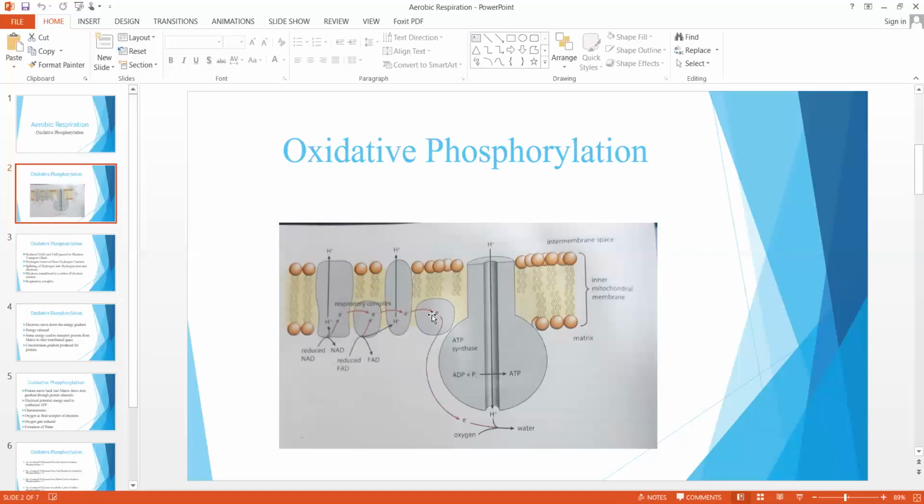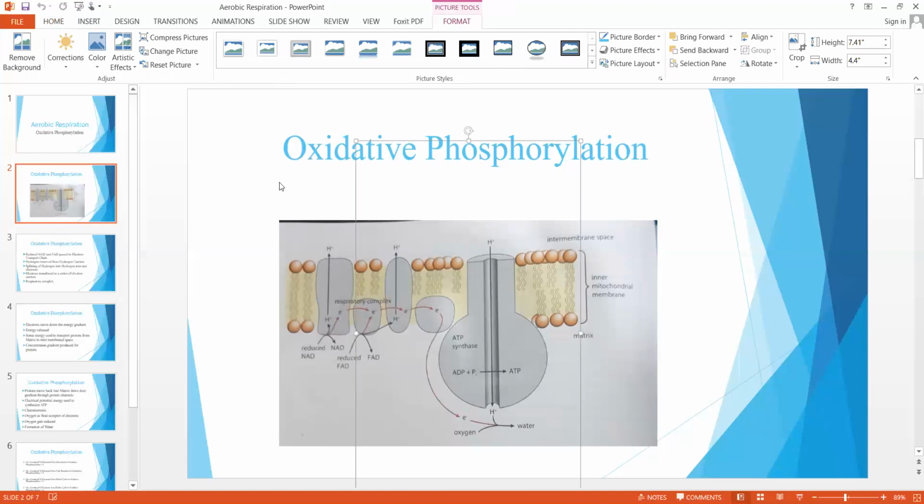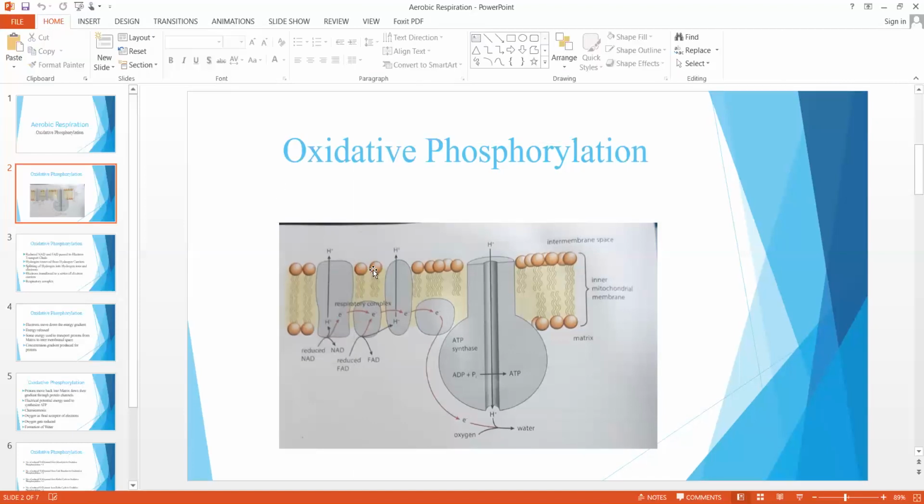So actually these two are the intrinsic proteins, and then there are extrinsic proteins, but there is no extrinsic protein present in this case, as we can see in the figure. So these two proteins and this third one as well are the transmembrane proteins. Transmembrane proteins are those which span across the whole membrane, right from here till here. So these are the transmembrane proteins.